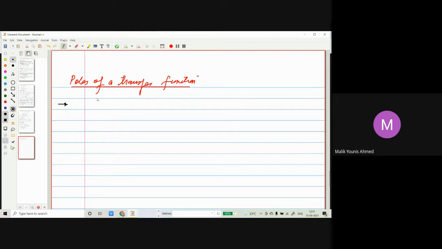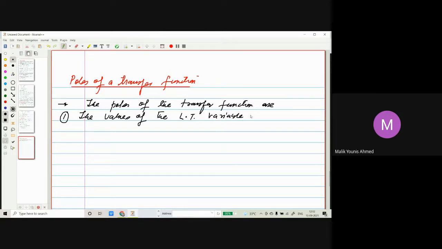The poles of the transfer function are, number one, the values of the Laplace transform variable s that cause the transfer function to become infinite.